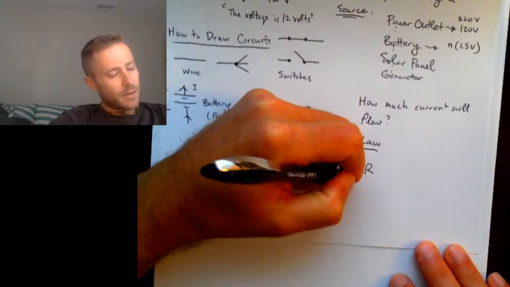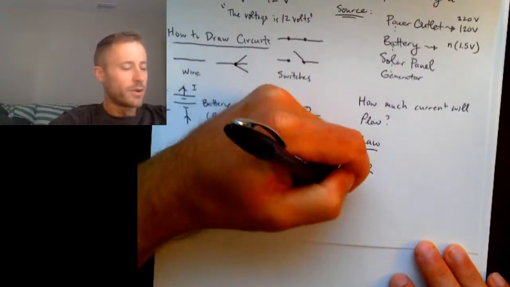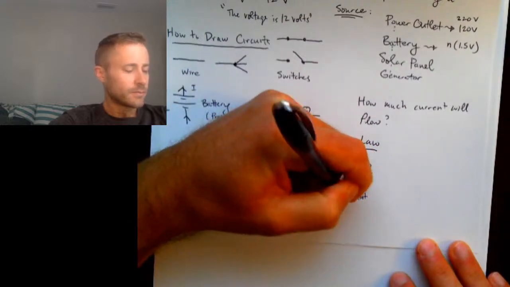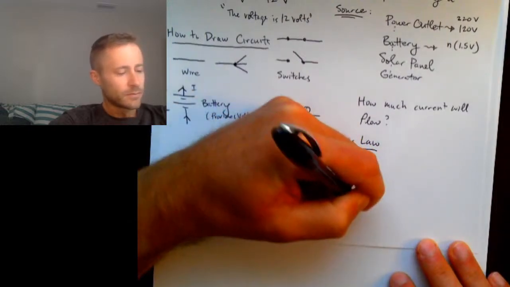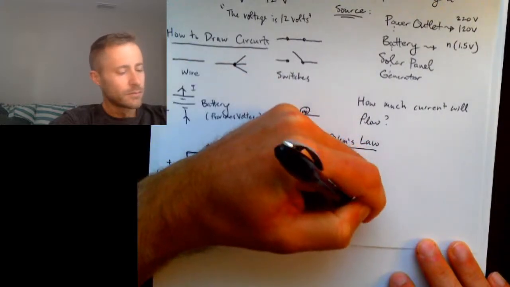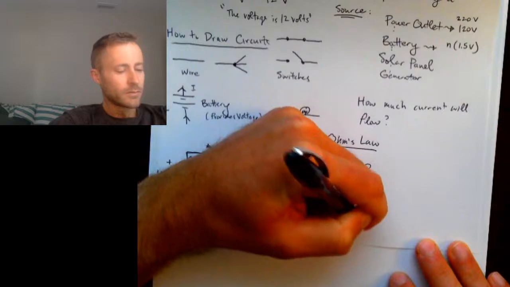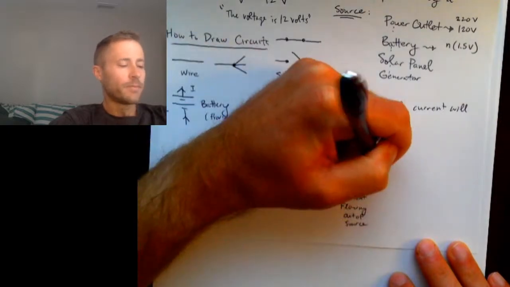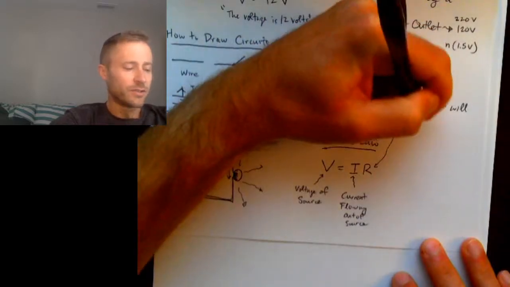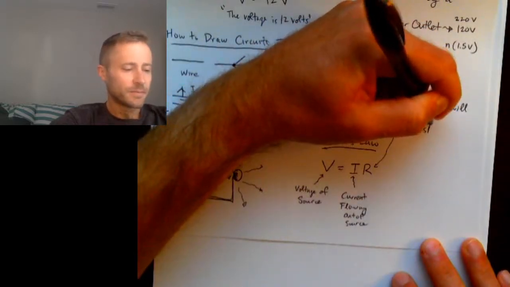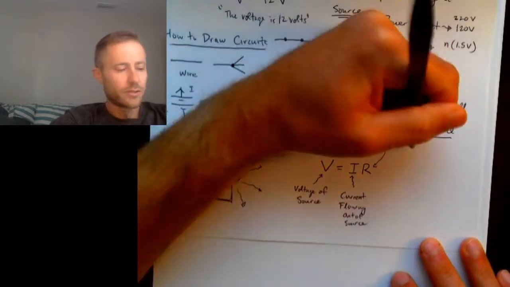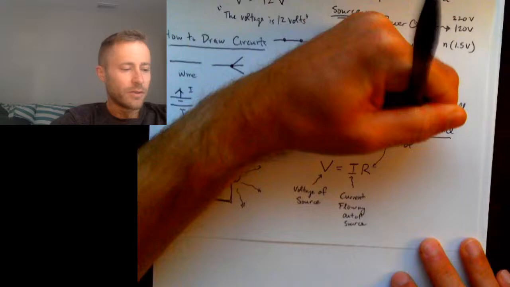I is the current flowing out of the source. And R, and this is a new concept, is called the resistance of the circuit.